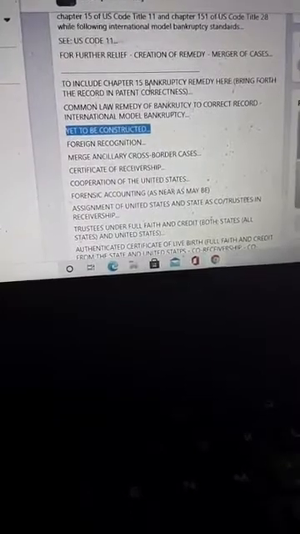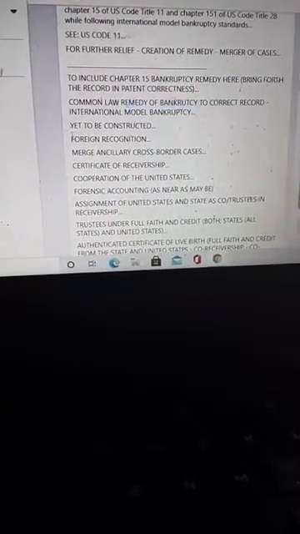So this is just a closure of those two accounts, but through an ancillary cross libel, we're going to include in that cross libel a continuation of this case for further relief, creation of remedy, merger of these two cases in an international model bankruptcy against the United States to correct the record that they are the ones operating in bankruptcy. They are the insolvent party.